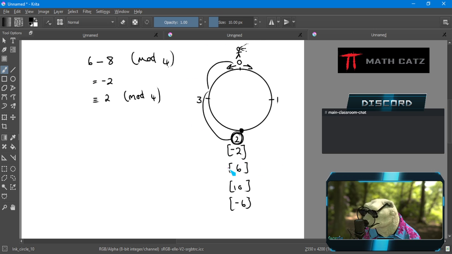Any 4 steps, any way, my position has not changed. I'm just altering the representative of that position. And I want this one in the circle, so I could also take that and just add 4 to get to 2. But I prefer a more intuitive walking around strategy, but it's the same.